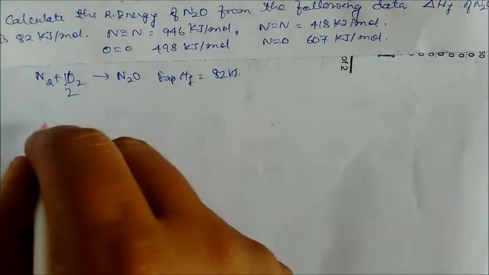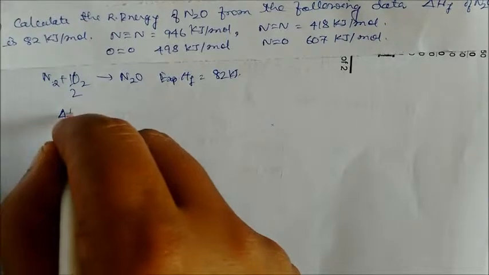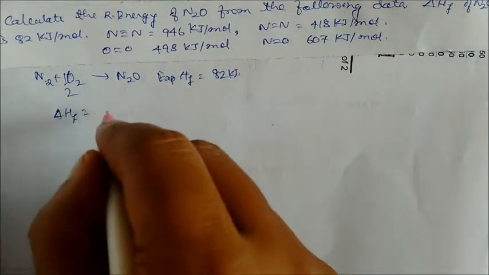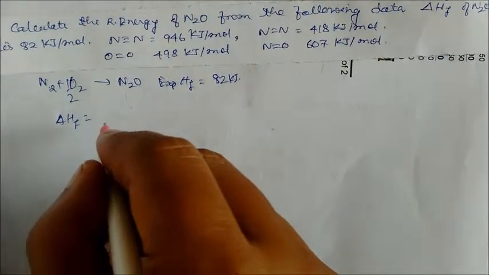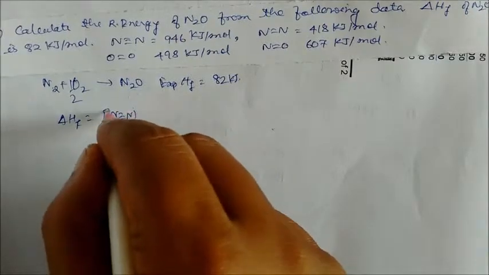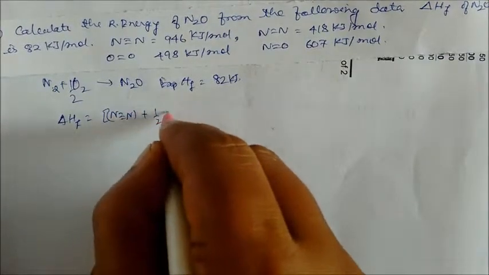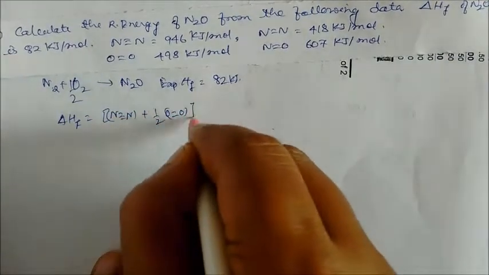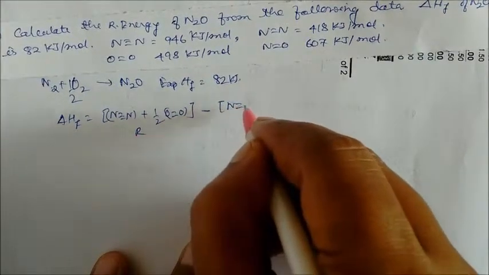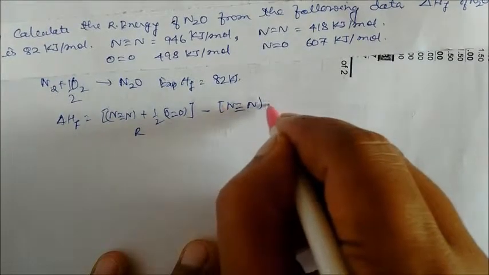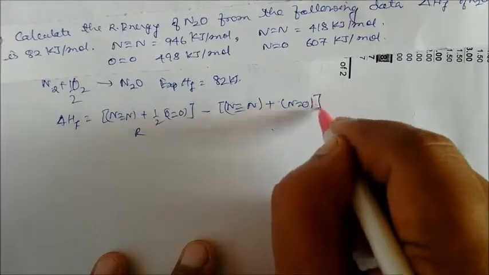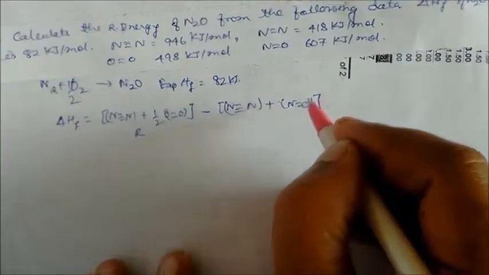Delta Hf is equal to reactants minus products. The reactants are N triple bond N plus half of O double bond O, and minus the products, N triple bond N, in bracket N oxygen. This is given here, so just put all these values in.